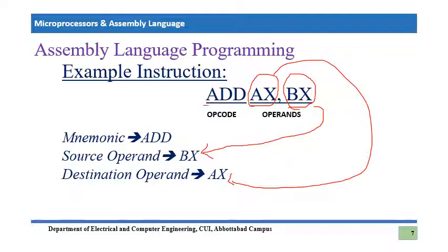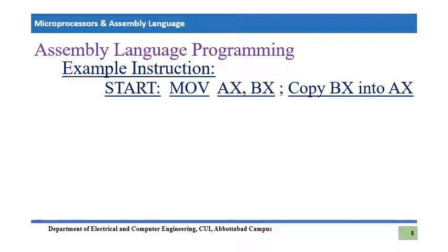It tells you that you need to add AX plus BX, and the result should also go to AX. So AX is written as the destination operand. Whatever the result of AX plus BX is, it will go to AX. That is why the destination operand is AX.